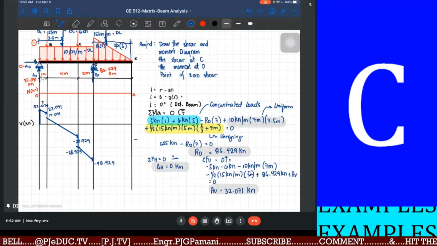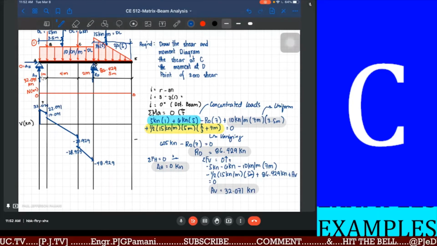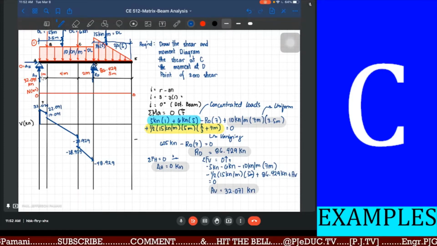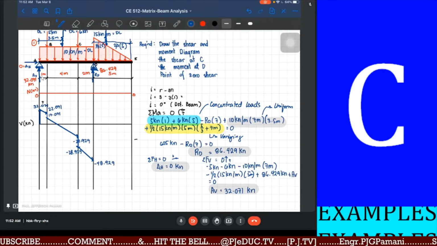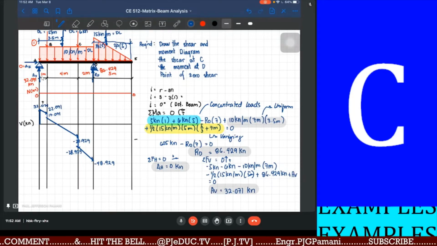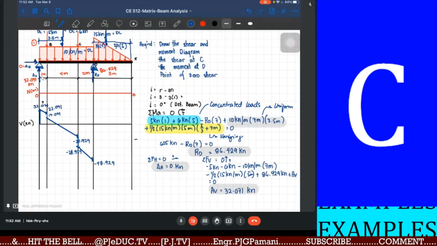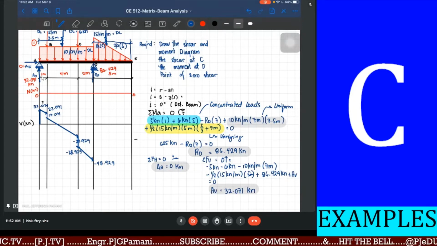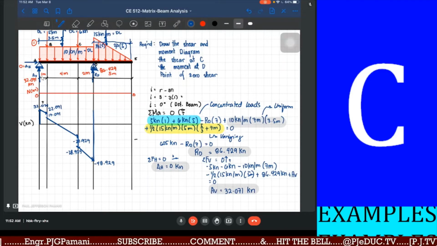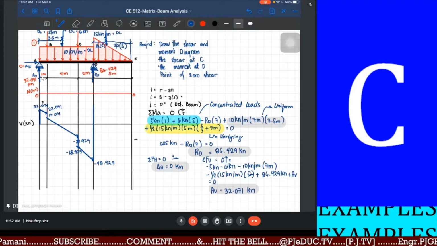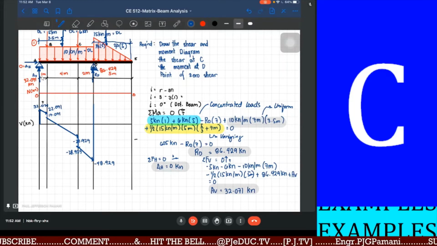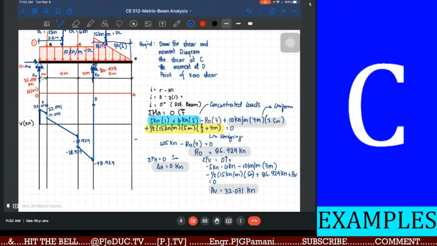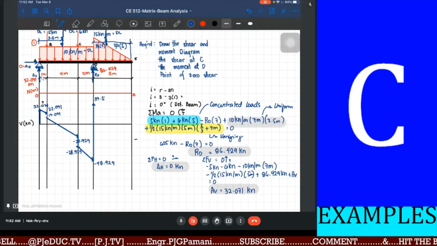So, negative 48.929, add the reaction, positive kasi siya, plus 86.429, gives us 37.5 positive kilonewton. So that is positive 37.5 kilonewton.